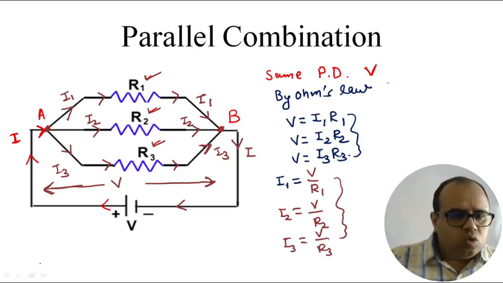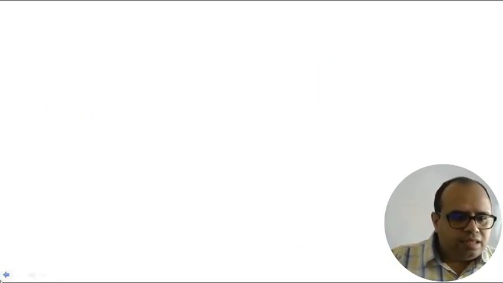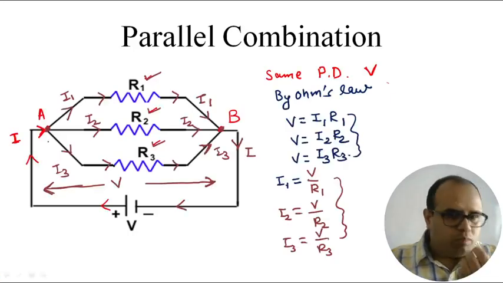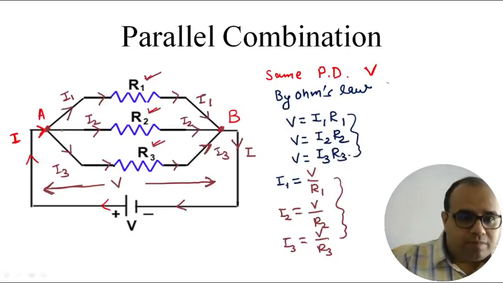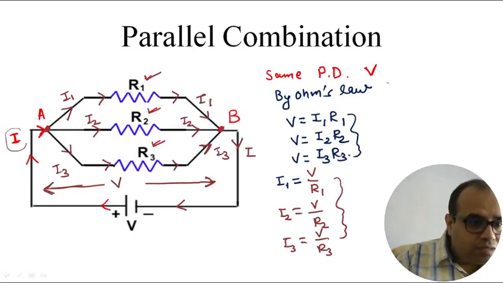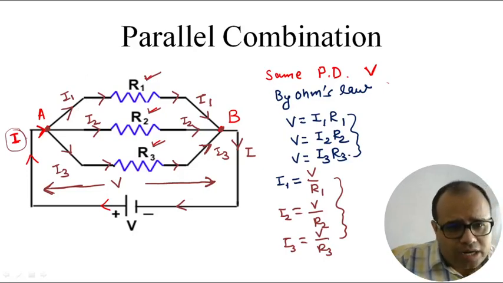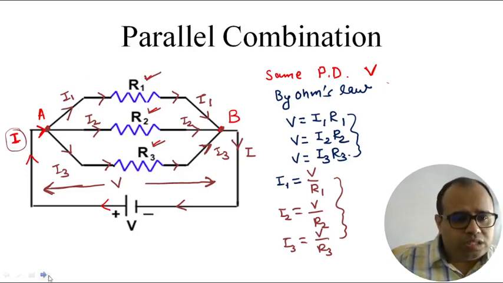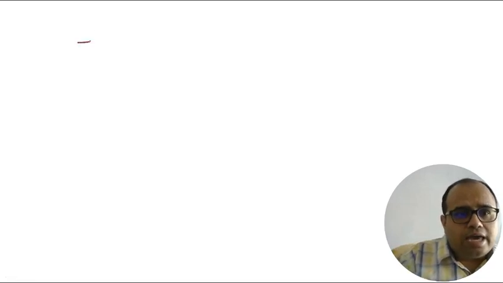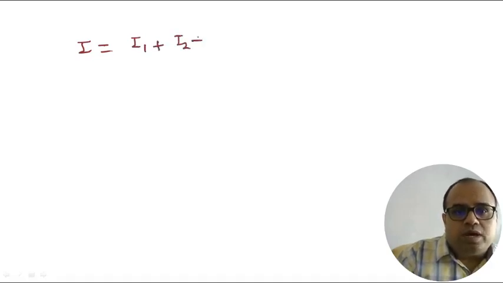Having said that, do remember that in this parallel combination of resistors, the I current is getting divided into I1, I2 and I3. So we can write I is equal to I1 plus I2 plus I3.